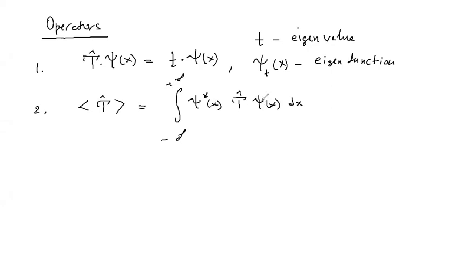Then if you calculate the average value of this operator over an eigenfunction, not any average value, but the average over an eigenfunction, then this operator can act, and you can replace this action by some constant, which is the eigenvalue.